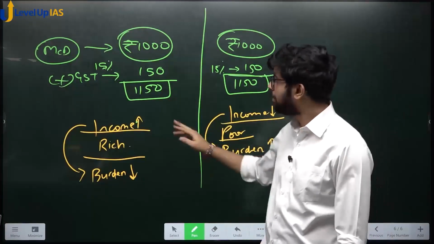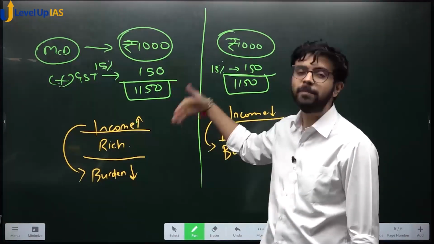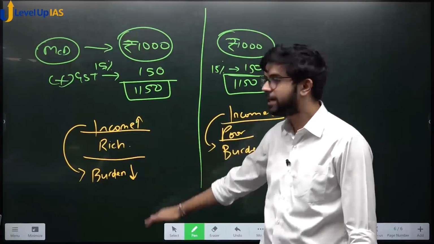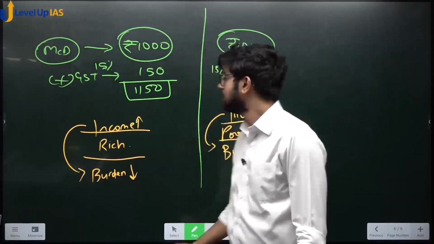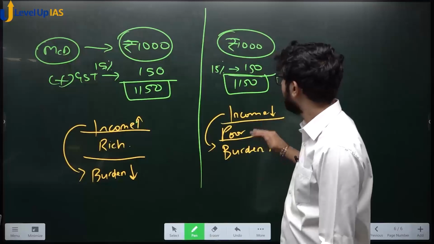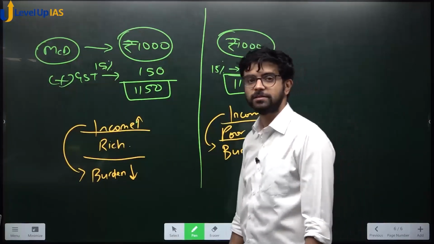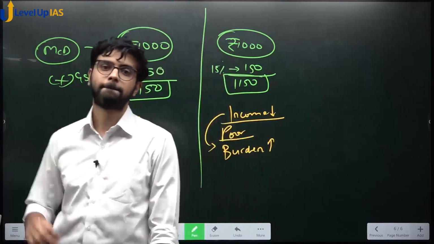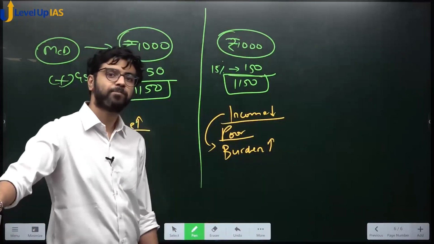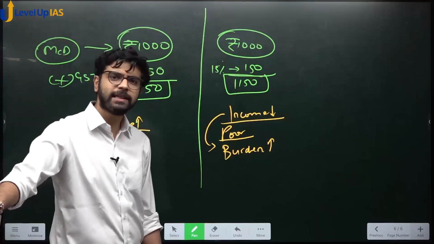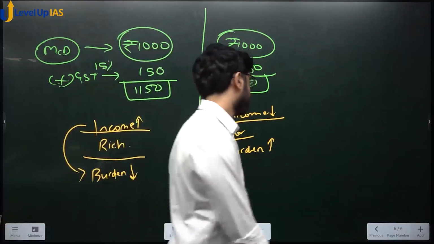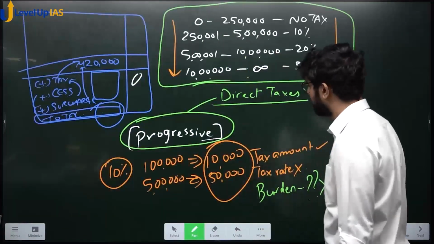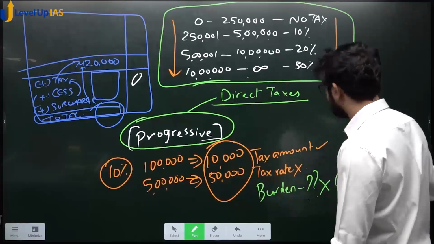Can I say as the income is increasing, my burden is reducing? As the income is reducing, my burden is increasing. Okay, can I say that? Yes. Right? See this.